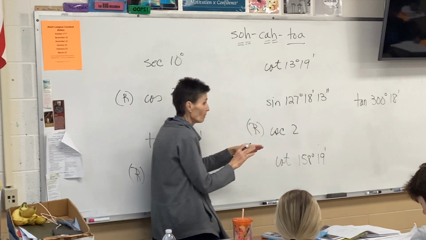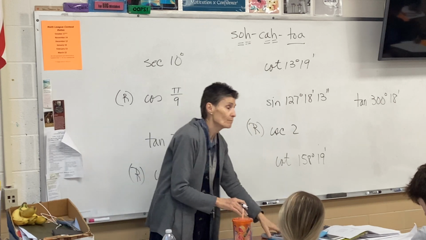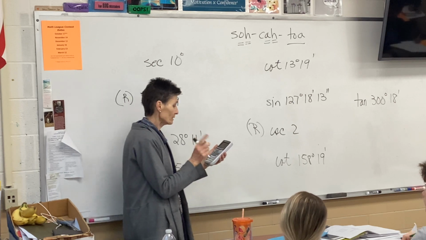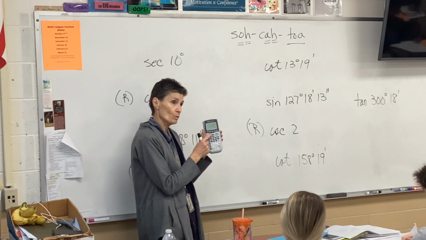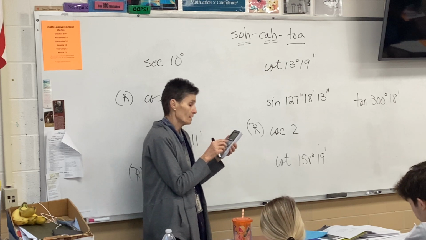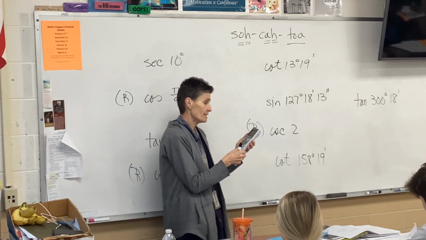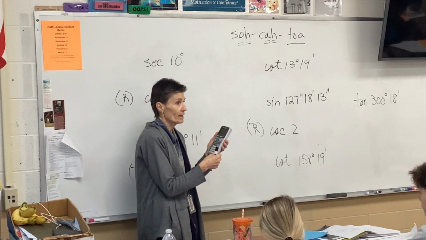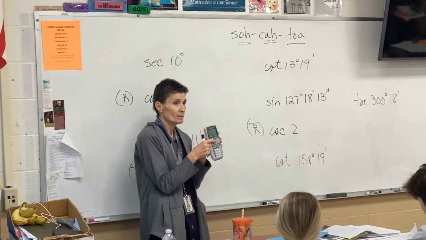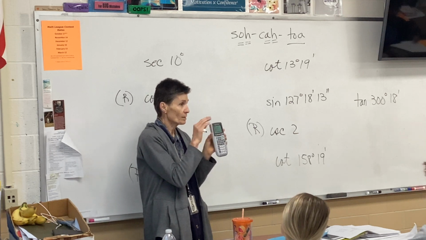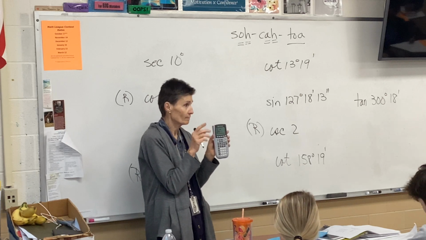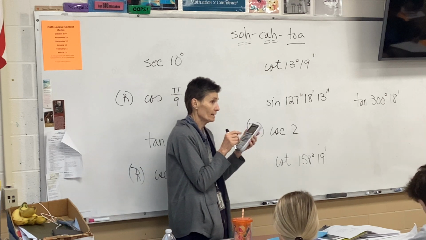So these guys are all radians. So I'm going to put them on hold for a minute, and I'm going to do the degree problems first. So I'm going to turn my calculator on, and I'm going to go to mode. And I'm going to make sure that degrees is highlighted. Press mode, and then see one of your options is degrees there, highlight that. So click over to it, press enter. So that's highlighted.